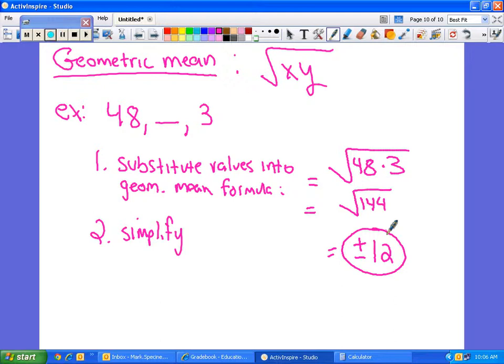So it could be a plus, it could be a minus. So just be careful on that. Please don't fall into the trap of saying, oh, the square root of 144 is 12, this is easy. Please make sure that if it's the geometric mean, the answer is both positive and negative. Okay, does anybody have any questions?